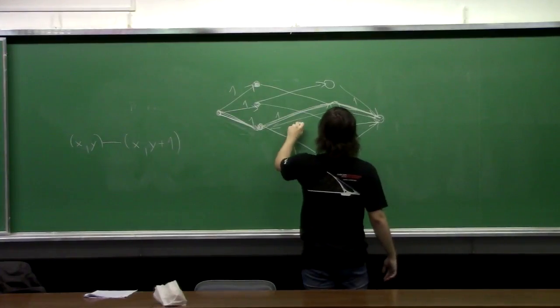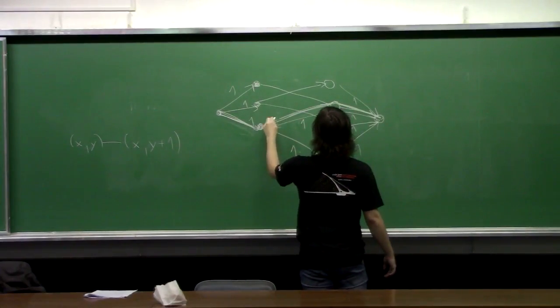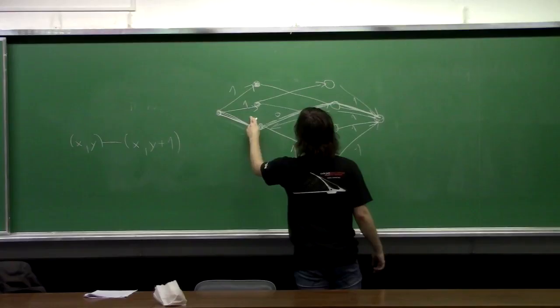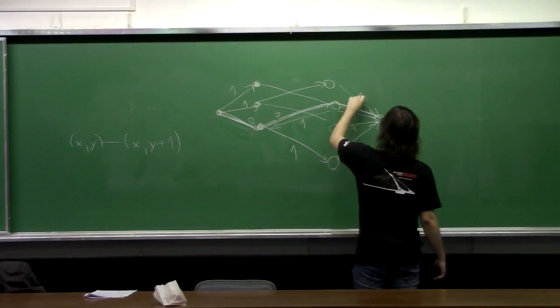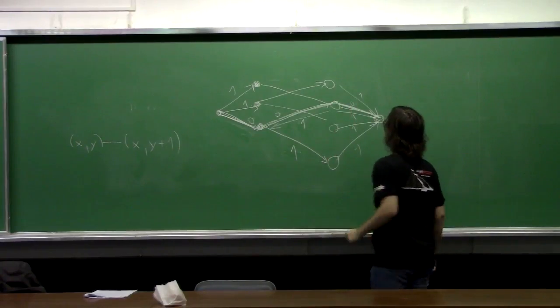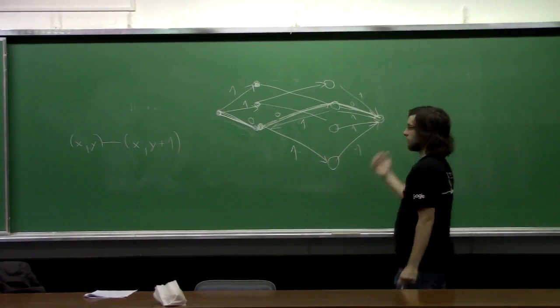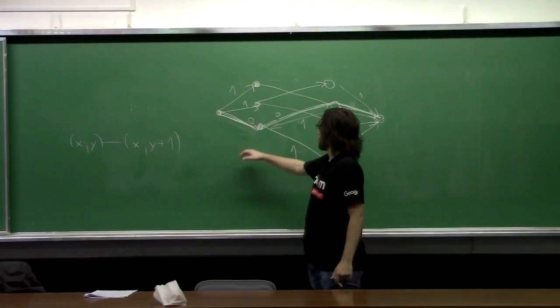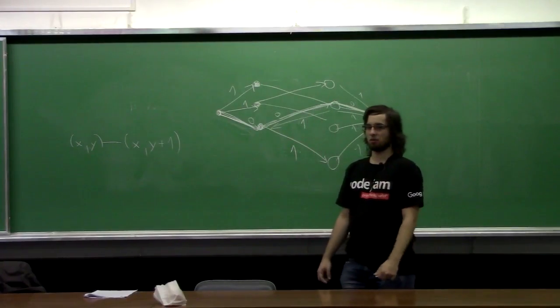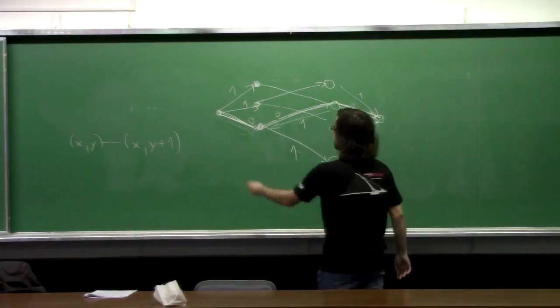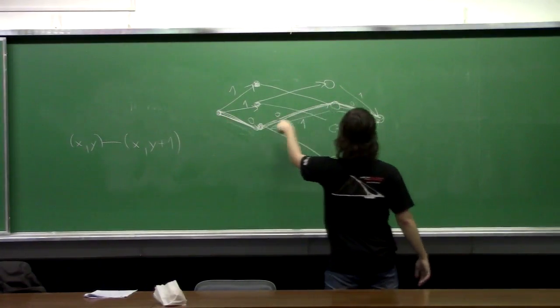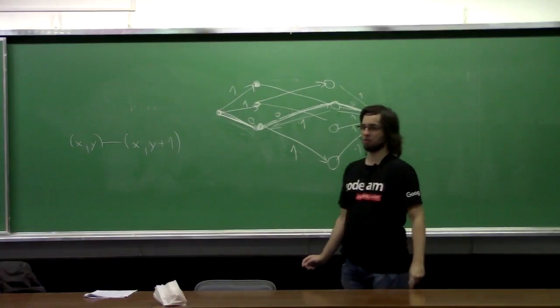Then this edge would have capacity 1, and this would have remaining capacity 0. And what we are doing is that we just run a DFS or BFS through that graph and find a path from the source to the sink that goes only through edges with capacity 1.